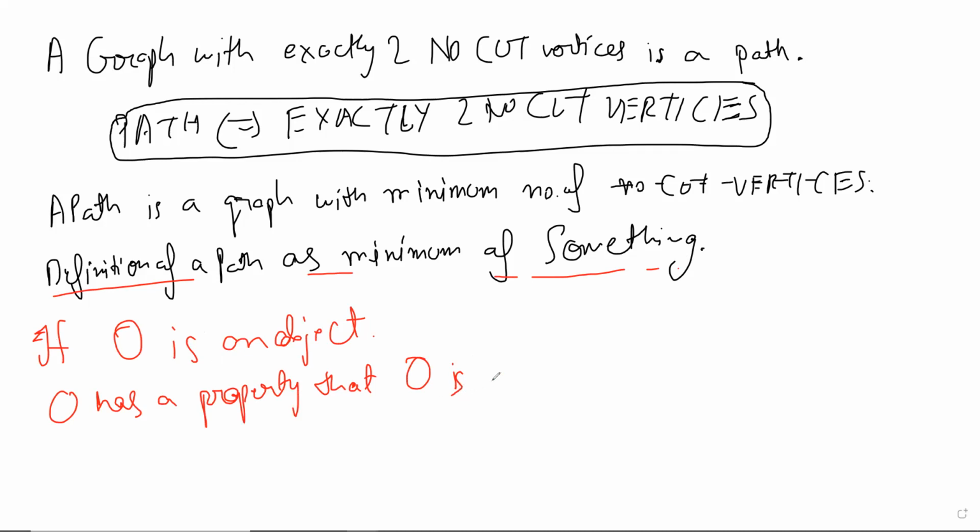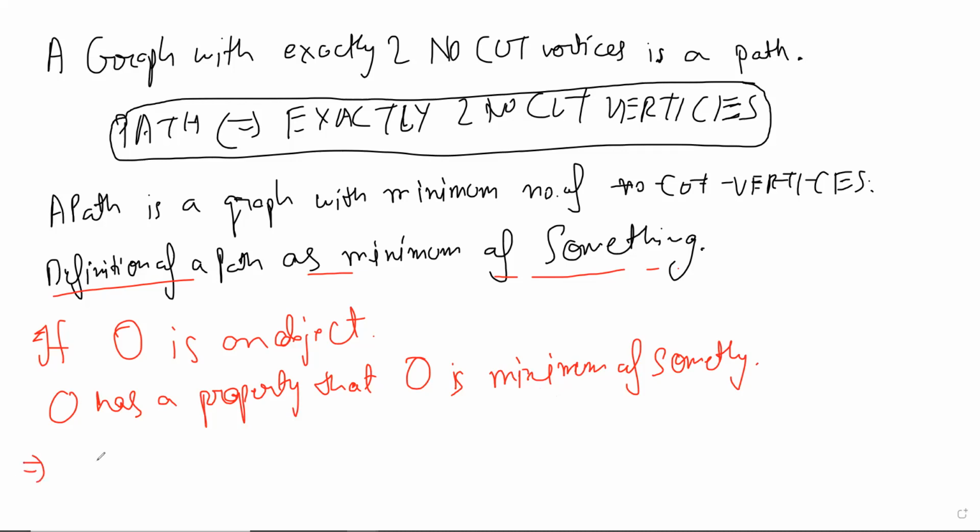O is the minimum of some question. Other things may also have this property, maybe to start with, but the minimum is unique.